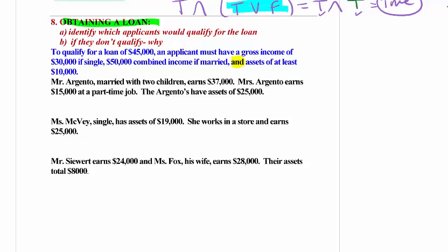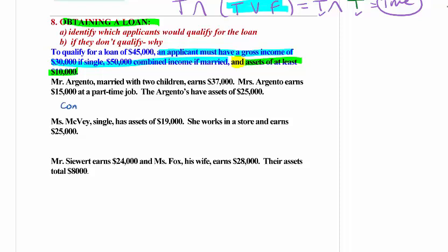So my first criteria is an applicant must have a gross income of either 30 if they're single or 50 if they're combined. They also have to have assets of at least $10,000. So we have to be able to check both the blue and the green to meet that qualification. So we're reading the first one. Miss Argento is married and has 2 children. So she's married.